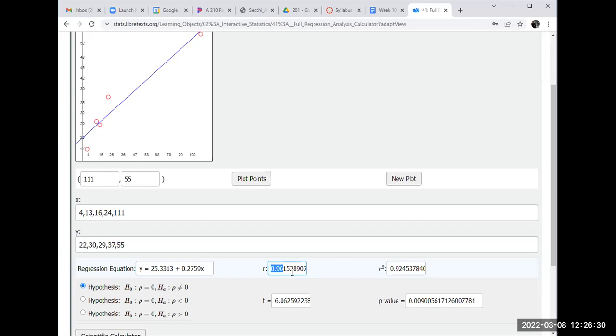Another time you're going to see an R equals 0 is if the points follow a parabola on both sides. There's a perfect relationship, but they go down and then go up, so there isn't a positive and there isn't a negative relationship. That comes up less often in applications than the no relationship at all kind of thing.